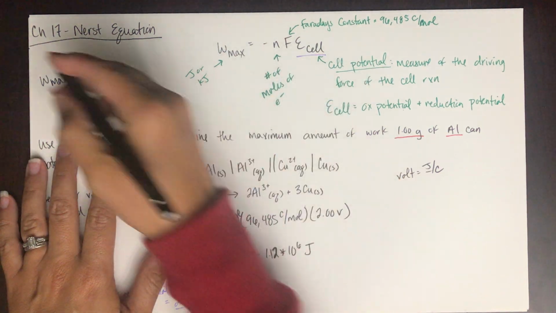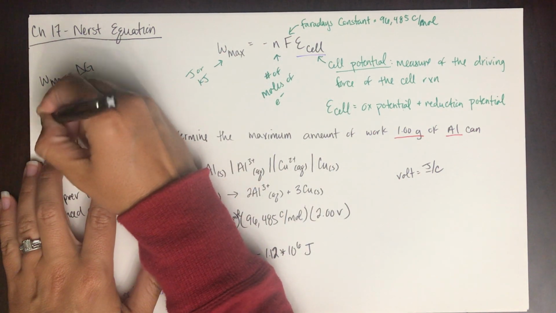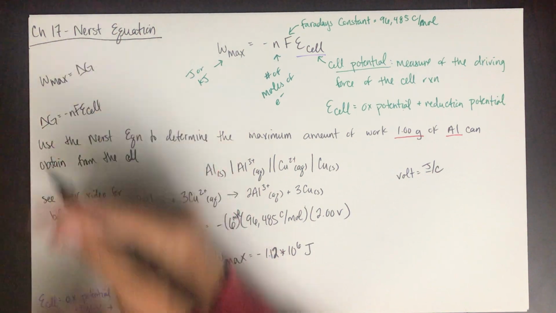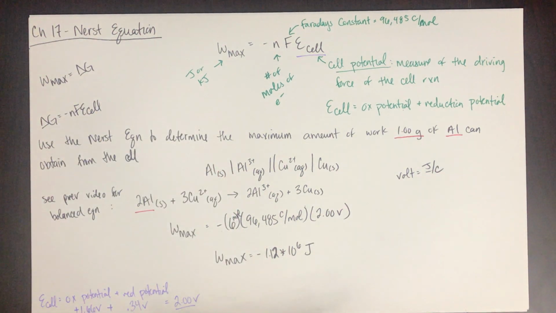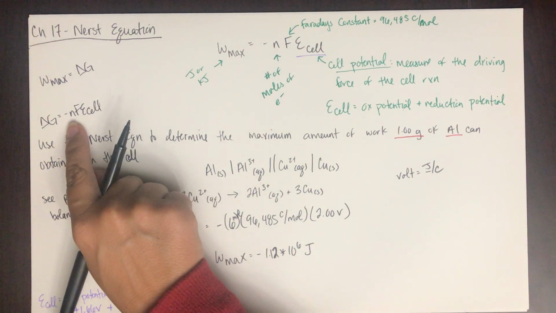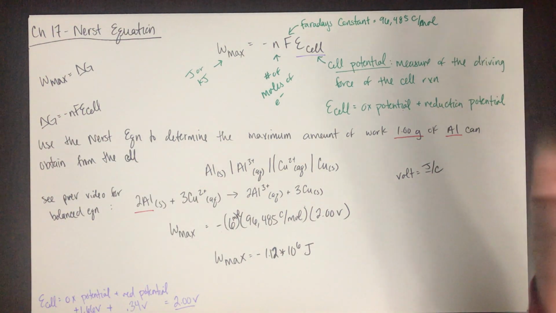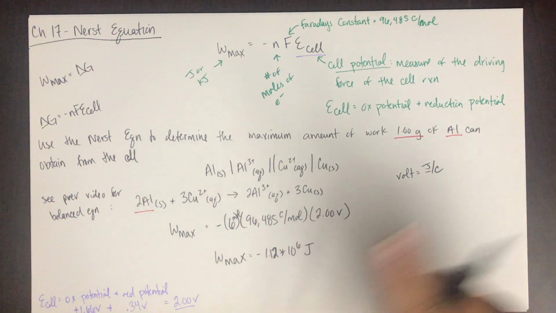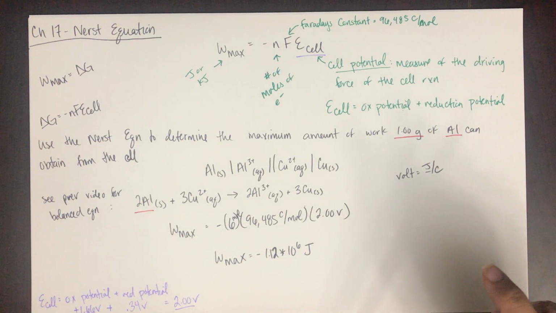So you also could see this Nernst equation as delta G equals negative nF E cell. And delta G just tells you, is this reaction spontaneous or not? Remember, a negative number, a number that's less than 0, means this reaction is spontaneous, so it will produce energy. So this is a production of energy, these electrons flowing through this galvanic cell.